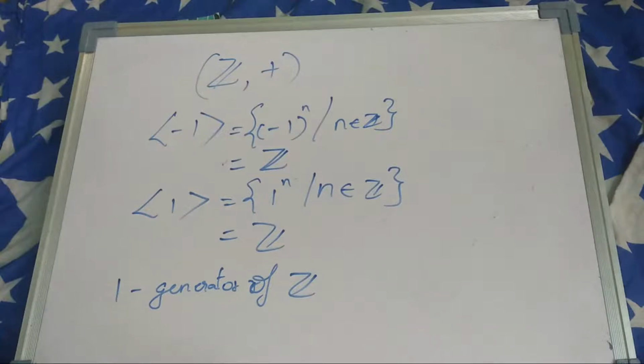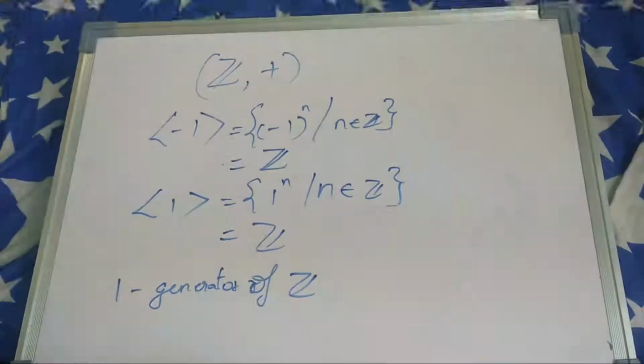Fine. So this is regarding Z, but in between we tried to infer something: the subgroup generated by a and the subgroup generated by a inverse happen to be the same, and you can note it down as a result because it is true in general.